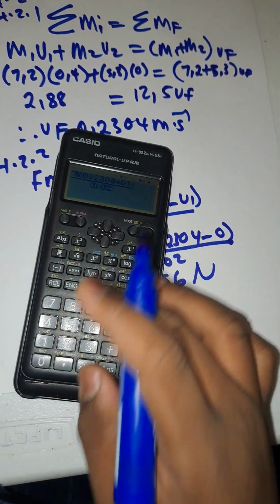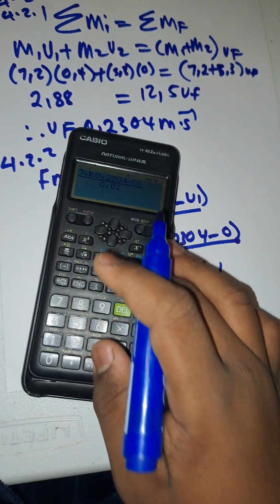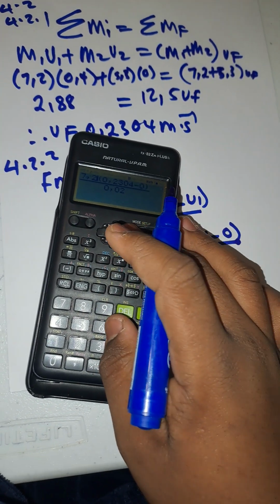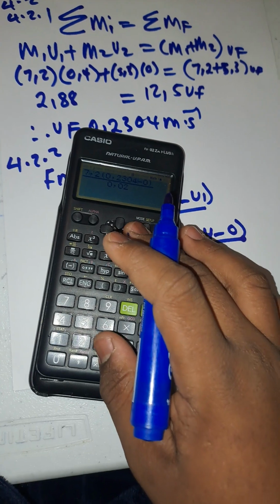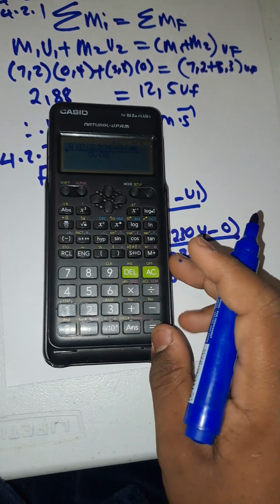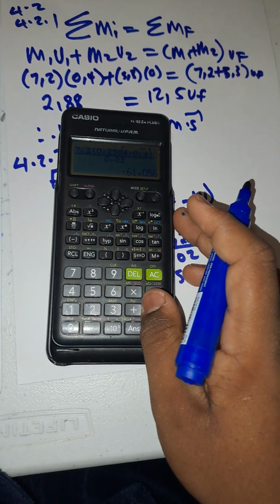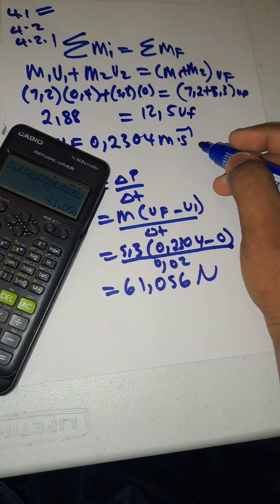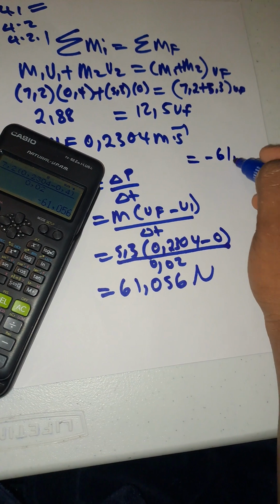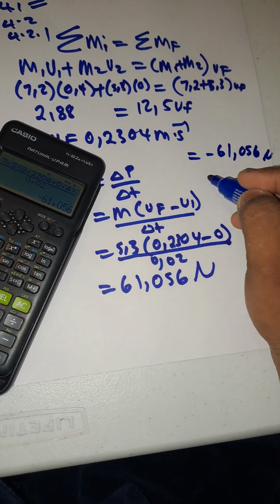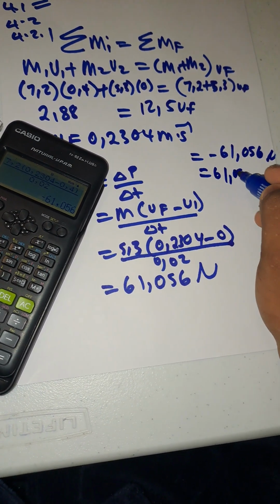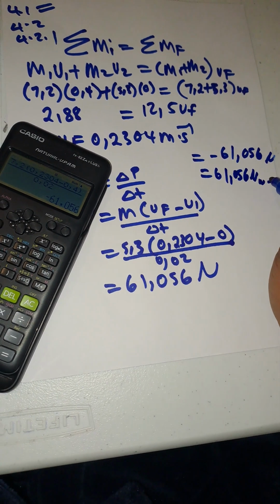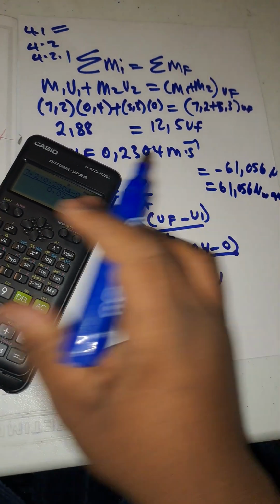But now remember the initial velocity of 7.2 was 0.4. So as you can see, it is the very same F net. So when you write it, you're going to say minus 61.056 newtons, and then 61.056 newtons, then write west. You see, but it's the very same thing.